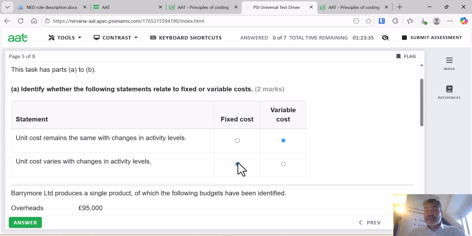And then the stepped fixed cost, where we have a fixed cost that is fixed for a given level of activity, but then we'll come to a point where, if we want activity to increase further, we might have to take on more of the resource that is giving rise to the fixed cost. So there will be a step up in the overall fixed costs, and that higher level of fixed cost will be maintained whilst the activity remains within a certain range.